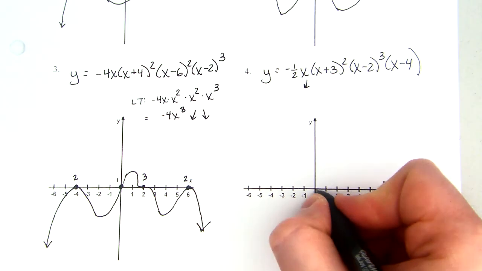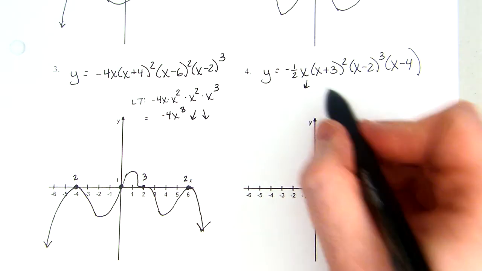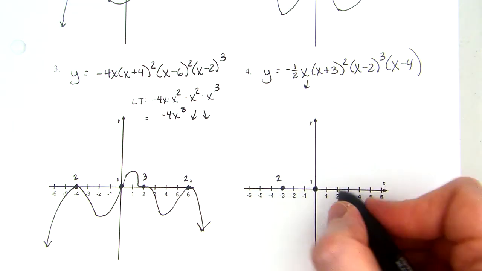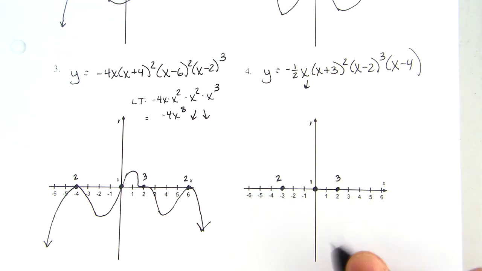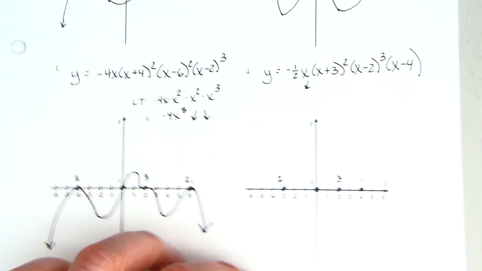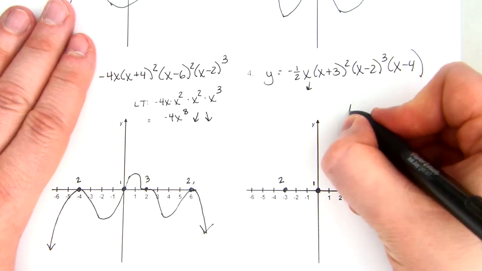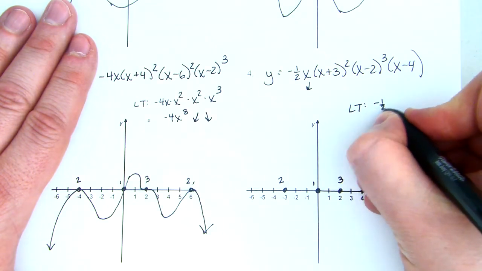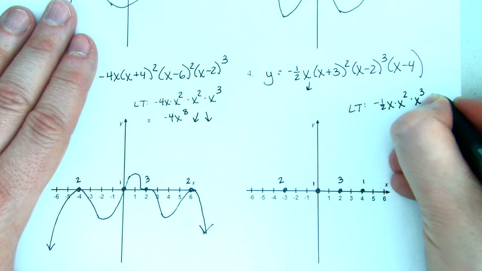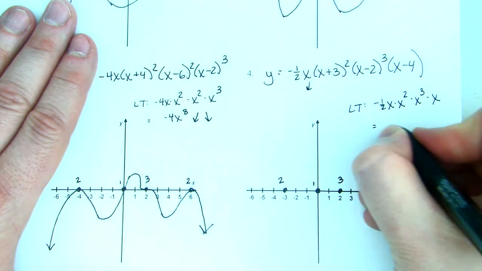The x gives me 0, multiplicity 1. X plus 3 squared, negative 3, multiplicity 2. X minus 2 cubed, 2, multiplicity 3. X minus 4 gives me 4, multiplicity of 1. Leading term, negative a half x times x squared times x cubed times x.